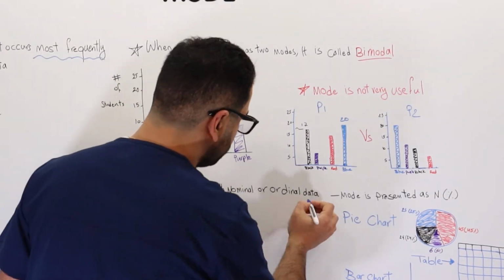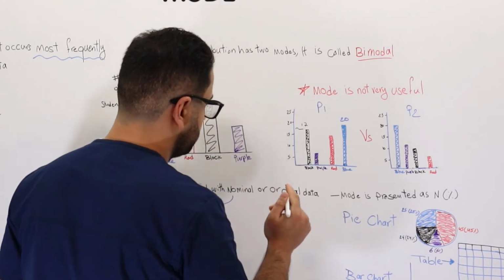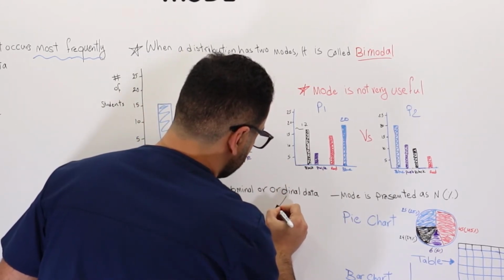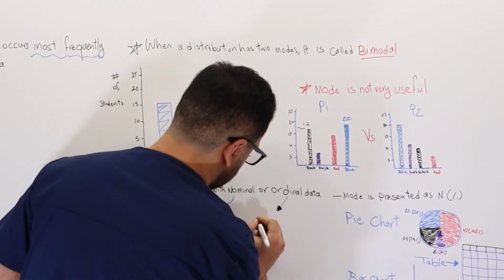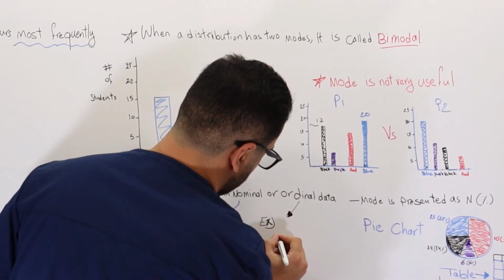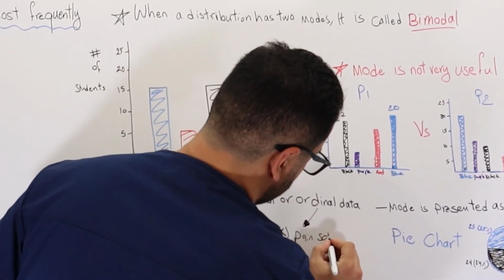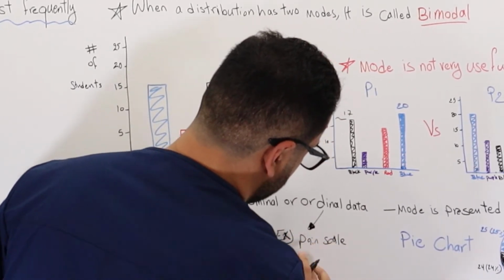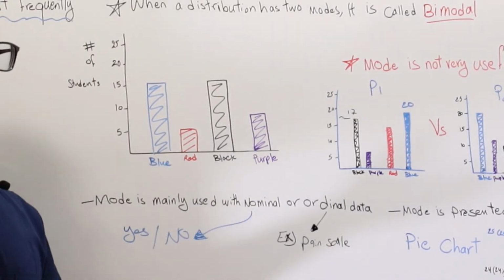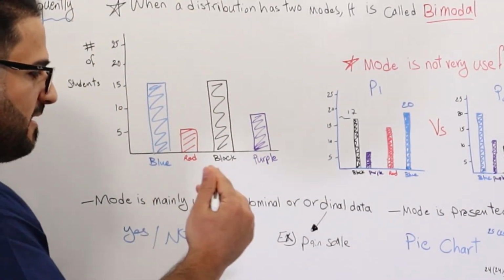When it comes to ordinal data, ordinal comes from the word order. So this is basically data that goes in order. An example would be the pain scale. Let's say a patient goes into a clinic and the nurse asks, where is your pain from 1 to 10?